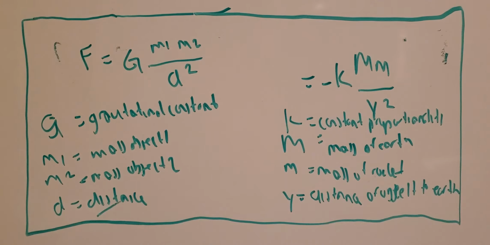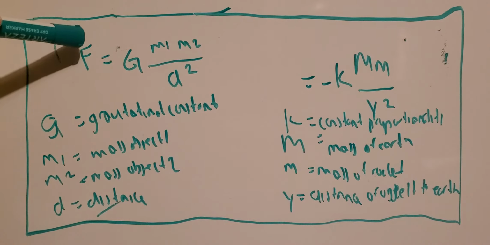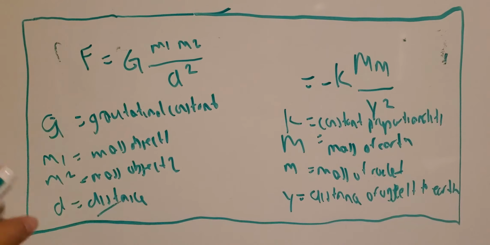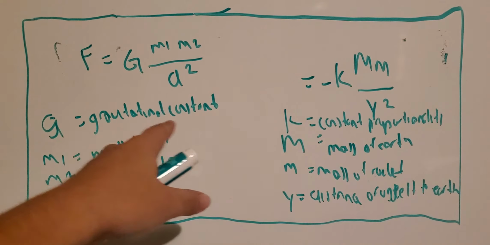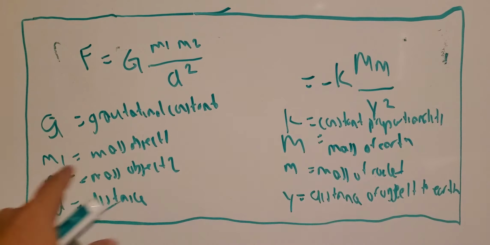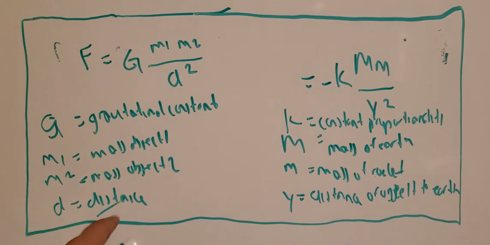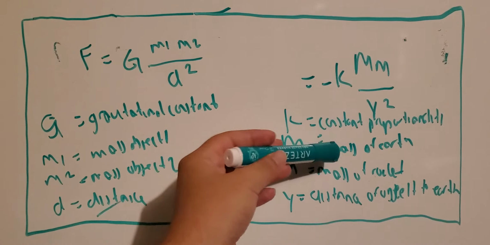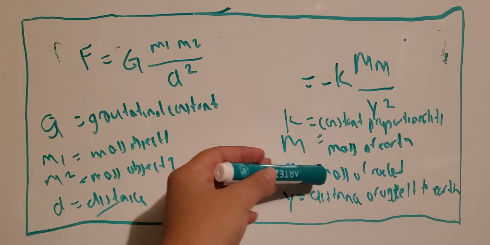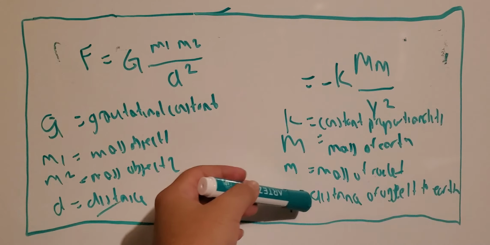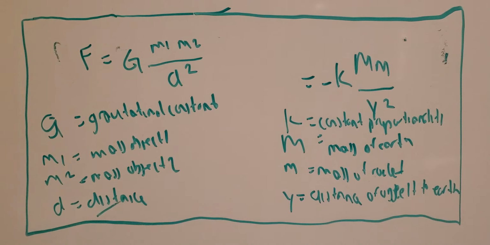But I'll just write it as distance of the object to center of the earth because the whiteboard does not have enough space. So this is Newton's universal law of gravitation, and this is equation 12. So here's G, gravitational constant. K is constant of proportionality. M1 is mass of object 1. M2 mass of object 2, and D is distance. Capital M is mass of Earth. Lowercase m is mass of the rocket, and Y is distance of object to the center of the earth.